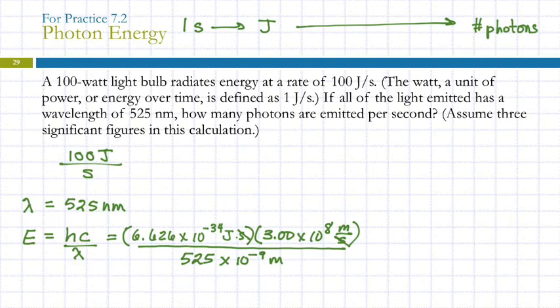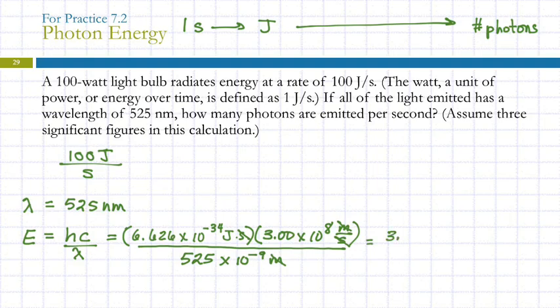So now meters cancel out and we're left with the unit of joule, and that is the energy of one photon. So 6.626 EE minus 34 times 3 EE8 divided by 525 EE minus 9. We're assuming 3 sig figs, it says.